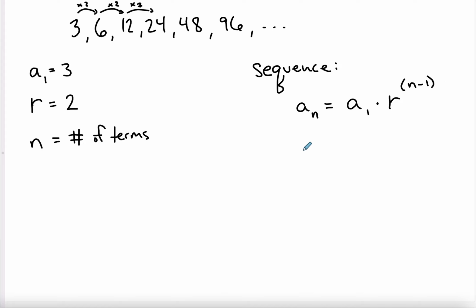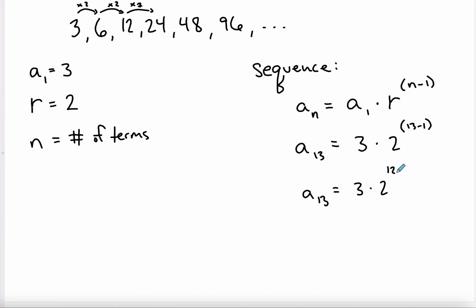So if I asked you to find what is the 13th term, well, go ahead and try that, but you simply plug in here. What is the 13th term in this sequence? It starts with 3 times 2 to the power 13 minus 1. The 13th term is equal to 3 times 2 to the 12.